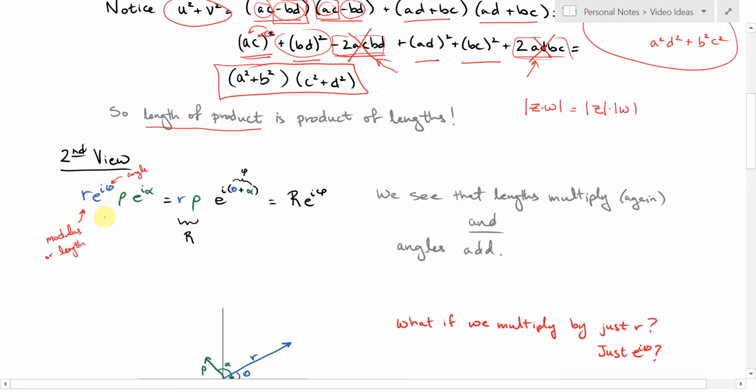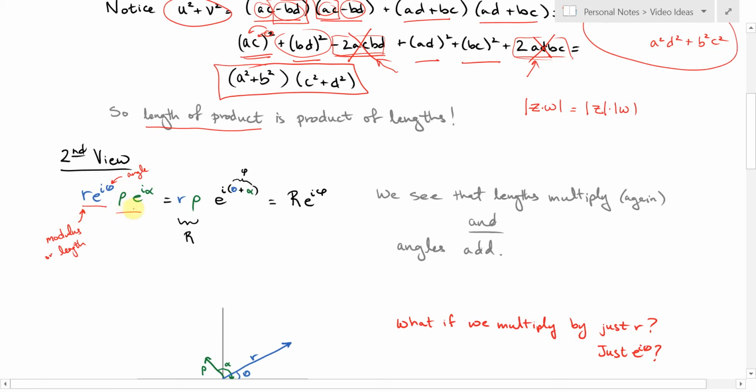And if you don't remember why we're expressing it with this weird exponential notation, you should go back and watch the video on Euler's formula. So we have the length times e to the power, which is i times this weird imaginary power, i times the angle.